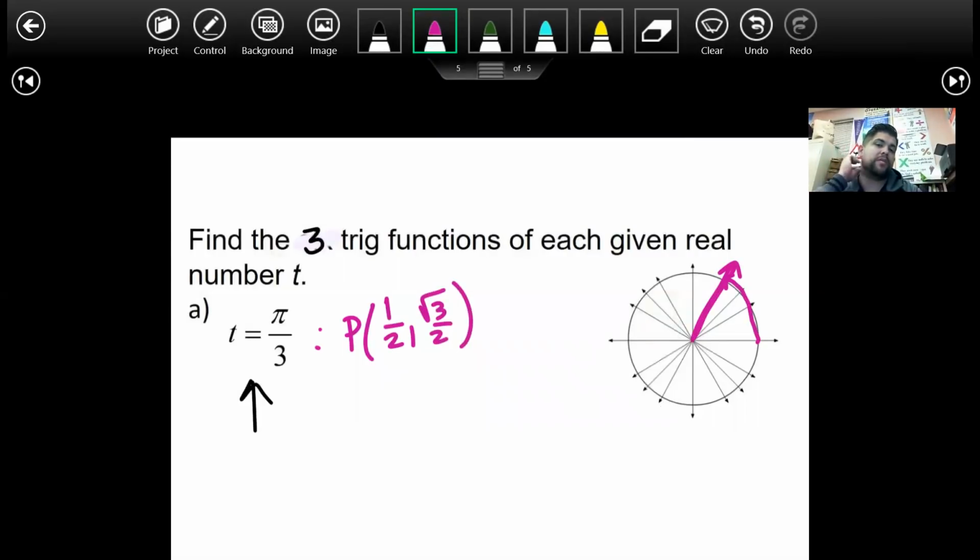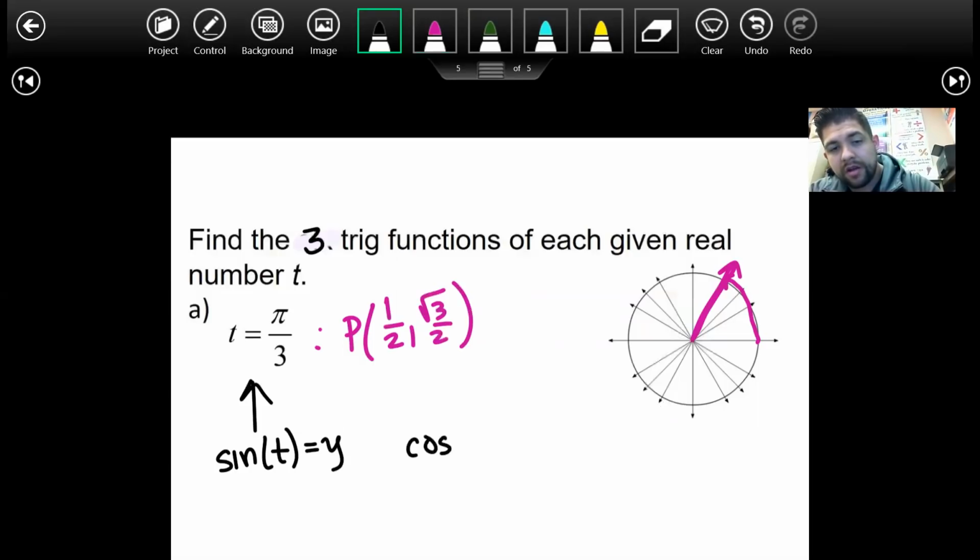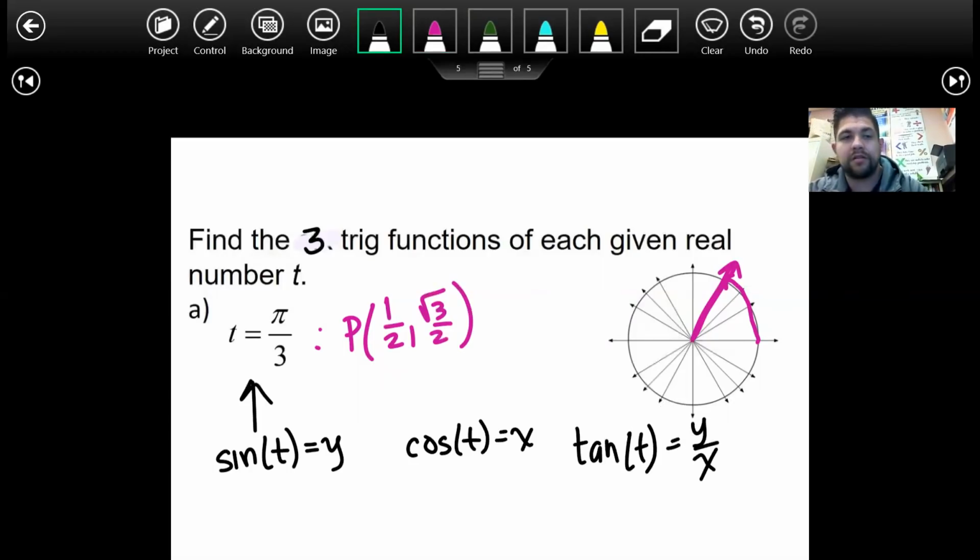And the way that we want to be able to identify these is specifically, we have several things where sine of our terminal point is the y value, cosine of the terminal point is the x value, and tangent of the terminal point t is y over x, right?